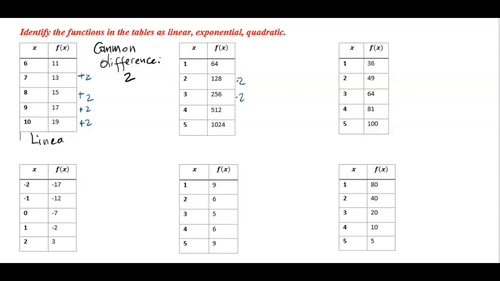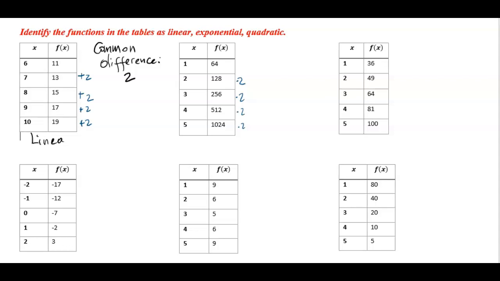So to get from the first term to the second term, we multiply by 2. From the second term to the third term, we multiply by 2. And from the third term to the fourth term, we also multiply by 2, because 256 times 2 is 512. And to go from the fourth term to the fifth term, we also multiply by 2, because 512 times 2 is 1024.